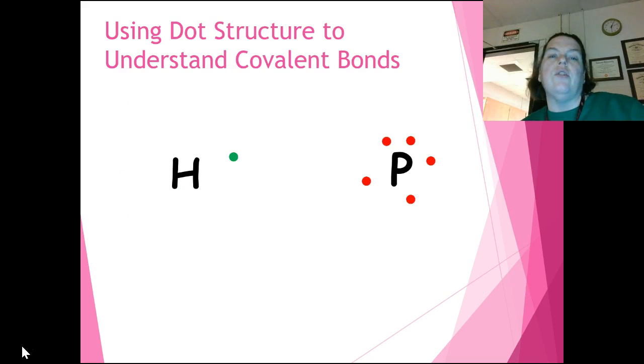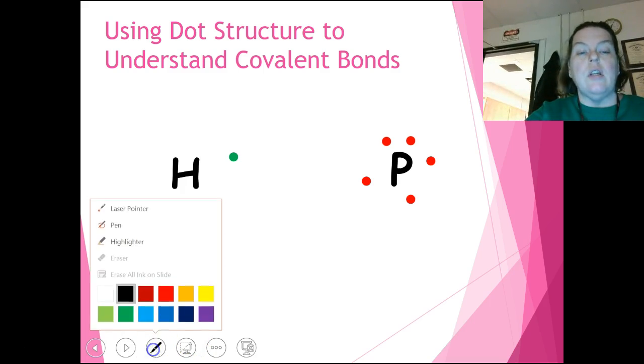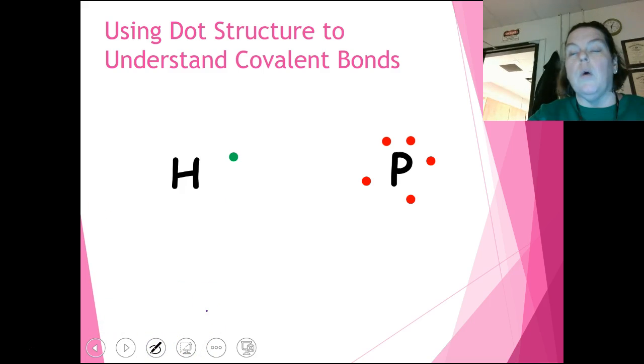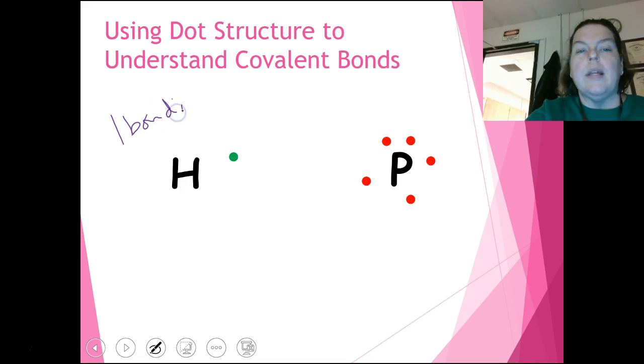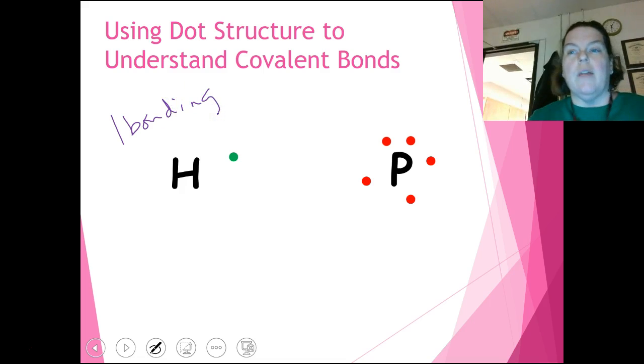So, using dot structures to understand covalent bonds. What we see here is a hydrogen, and the hydrogen has one valence electron. Officially, hydrogen only has one bonding site. That means one place it needs an electron. Now you're wondering why that is, since it needs an octet. But remember, hydrogen is special because its octet is achieved by getting two.